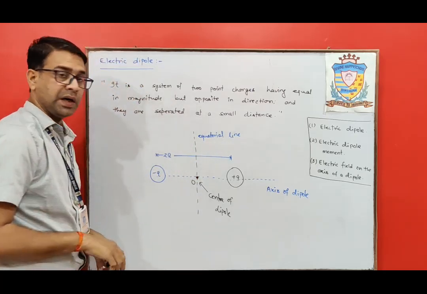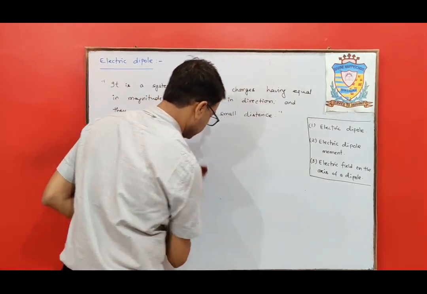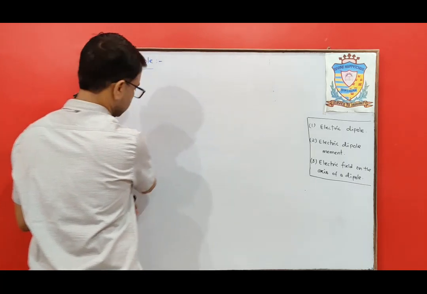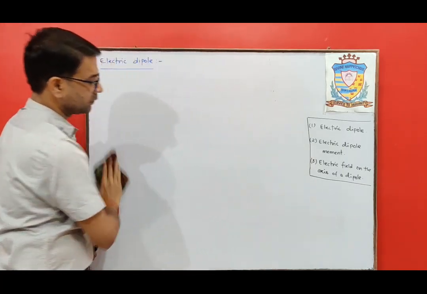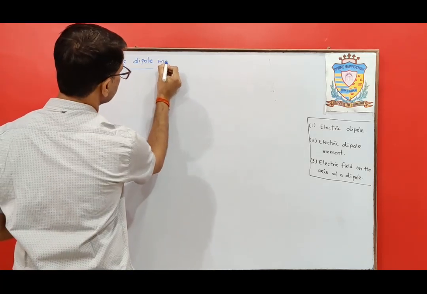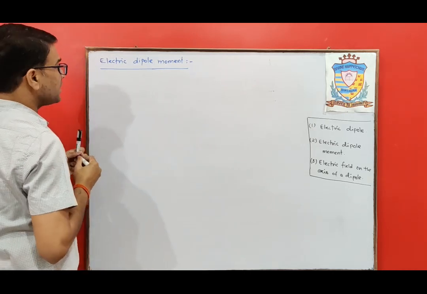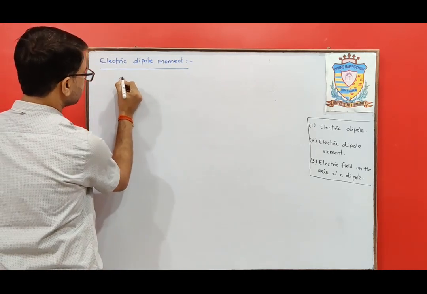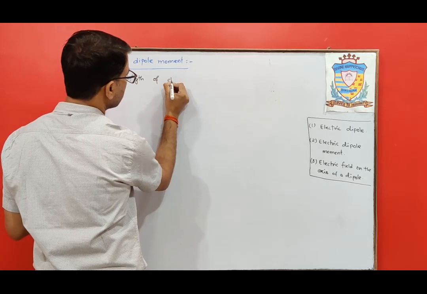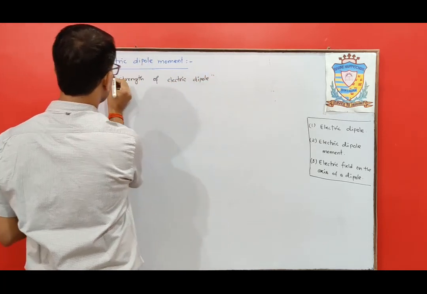Next we will find the electric dipole moment. This is also known as the strength of electric dipole. Clear?